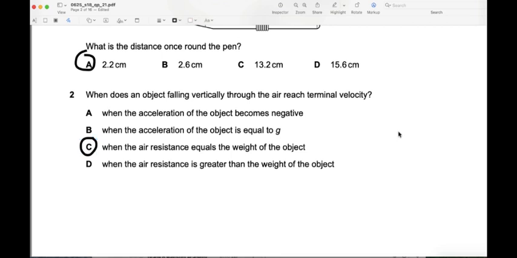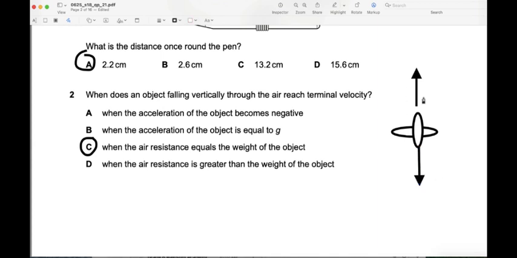For the sake of learning, let's say this is an object falling through the air. At some point, the terminal velocity is reached when the air resistance is equal to the weight of the object, when they are both equal.